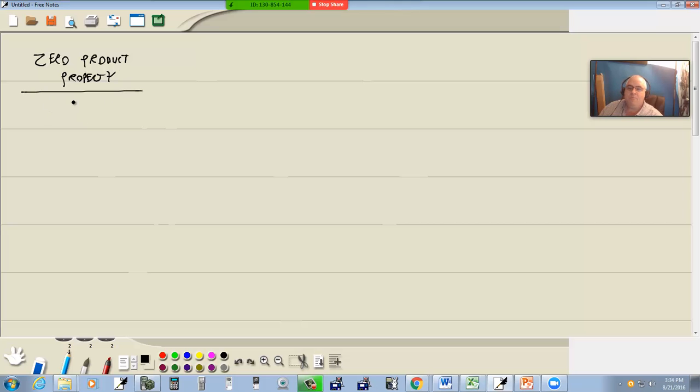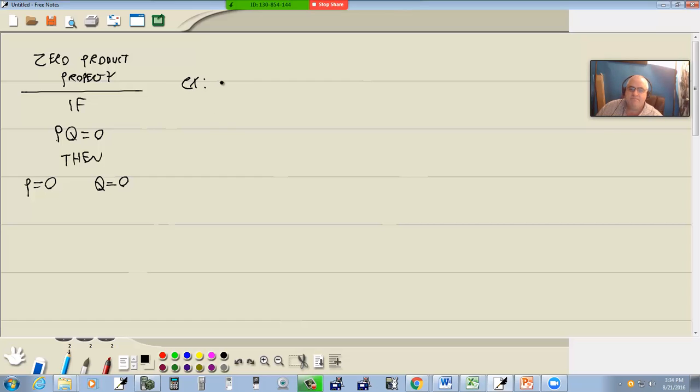And the zero product property says if you got something times something is equal to 0, and that's pretty vague, then you set each factor equal to 0. I referred to this earlier as a zero factor property, but same idea. It really is as vague as what I just said. As long as you have 0 on one side and the other side's written as a product, no matter what it is, you can set each of the factors equal to 0.